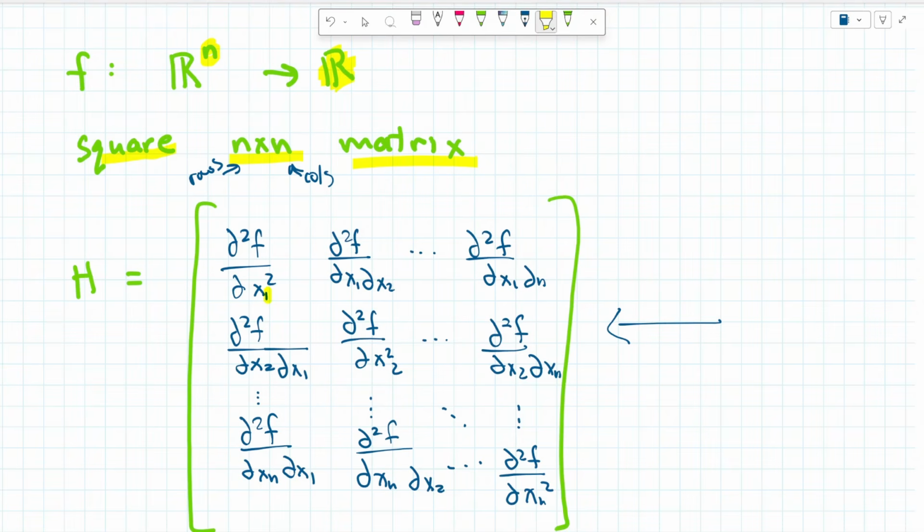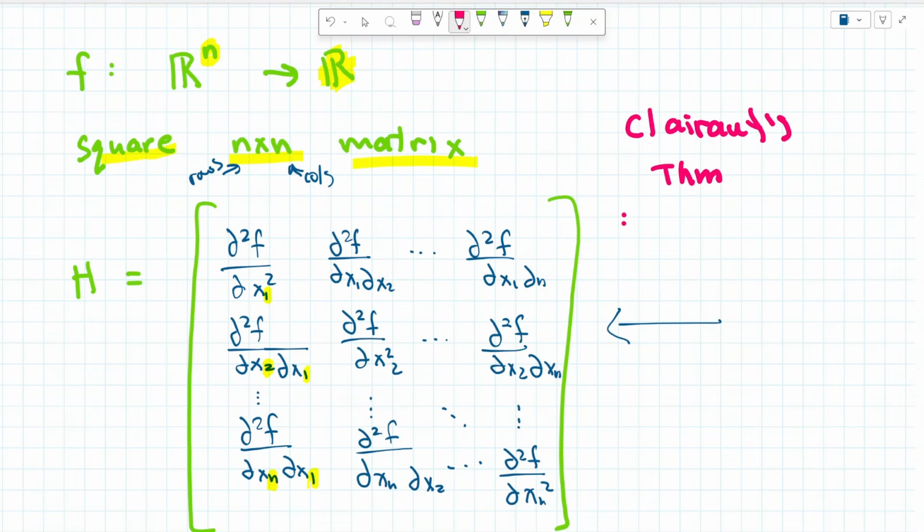Then as we go down, we are now taking the derivative with respect to x2 and then x1, and then with respect to xn and then x1, and so on. What's really special here is that we can use what's called Clairaut's theorem, and that allows us to really simplify this case.